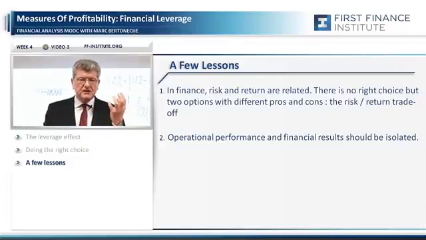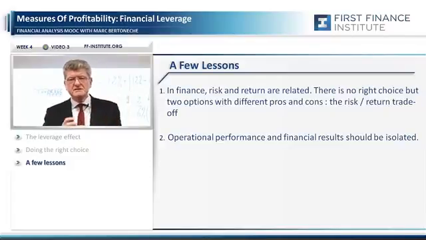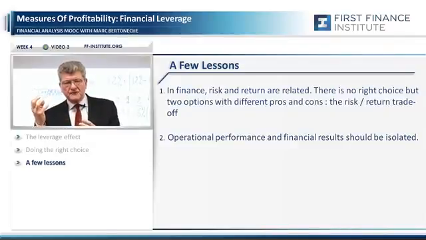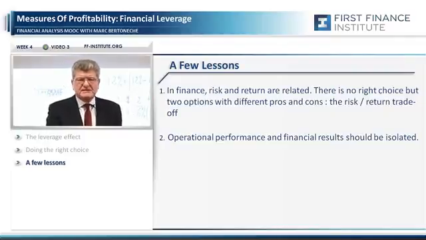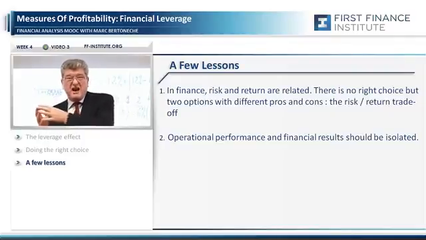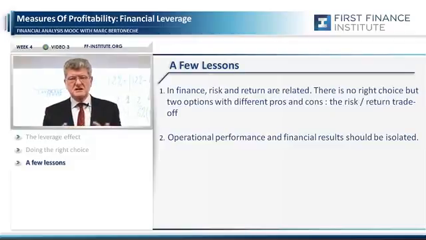What is due to the operating activity of the business, what is due to the financial leverage. A 20% return on equity made of 8% of operating profitability and 12% of financial leverage is not exactly the same as the 20% made of 17% of operating performance and 3% of financial leverage.